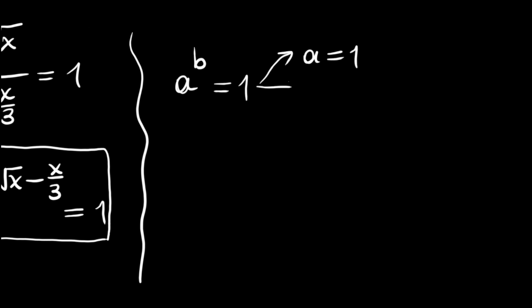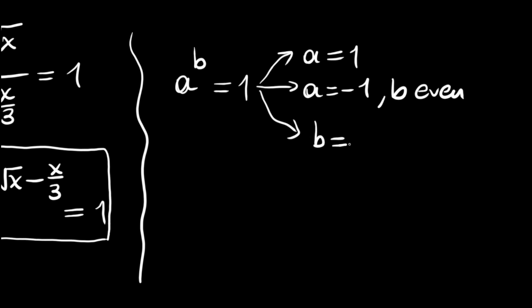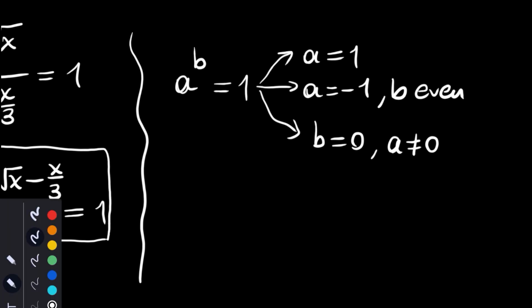The second is if a is equal to -1 and b even. Again, the even powers of -1 are equal to 1. And lastly, if b is equal to 0 and a is not equal to 0, again we are done. Now let me check one by one.